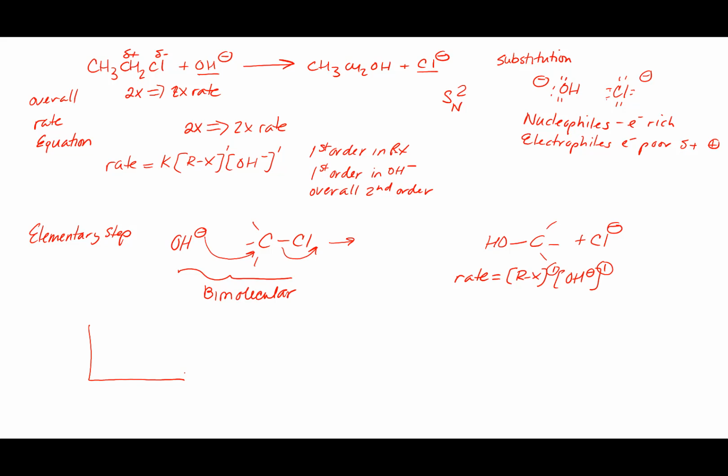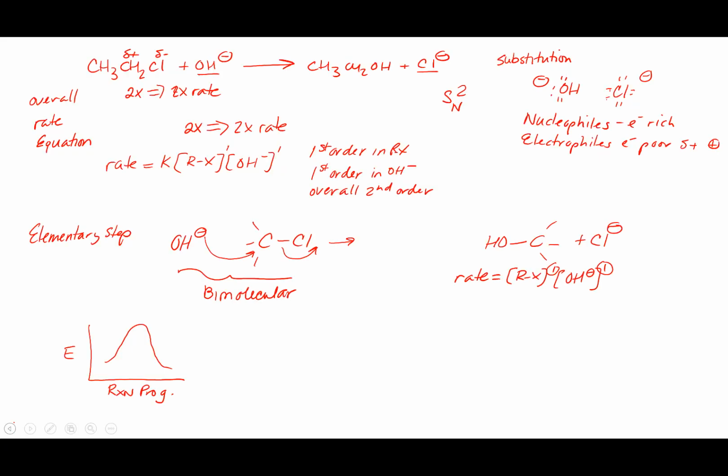Because an intermediate is something that's produced in one mechanistic step as the product and then used as a reactant in a second step, so that it cancels out and doesn't show up in the overall reaction. That's what an intermediate is. So this reaction has one transition state, no intermediate. So in terms of its reaction coordinate diagram, we would have one single transition state.